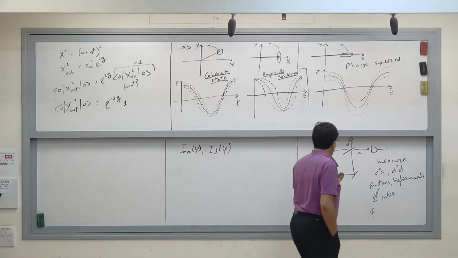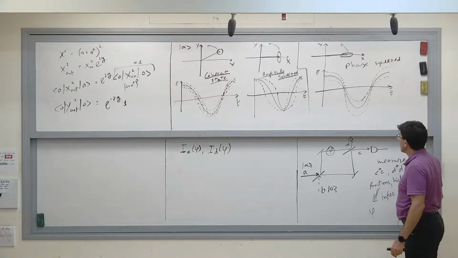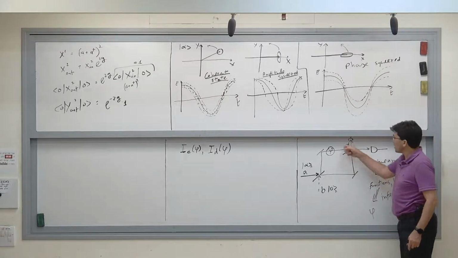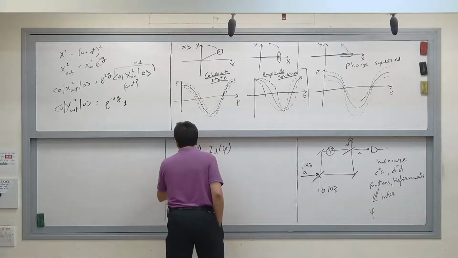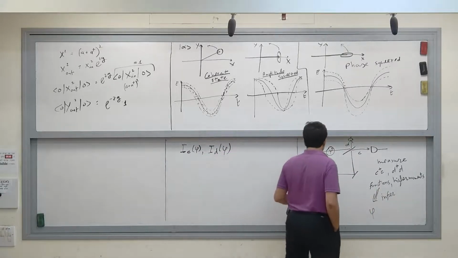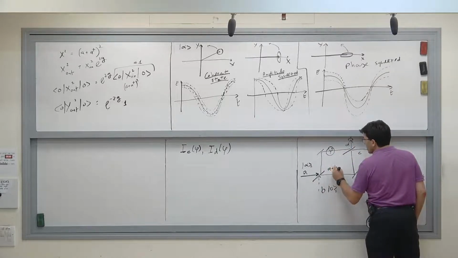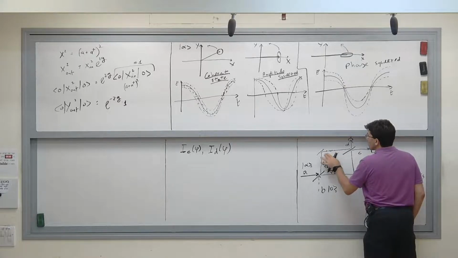And so let us calculate what happens. First, let's make the relation between C and D and A and B. Now we know that if this is A and B, then what I have here is A plus B divided by square root of 2, and here is A minus B divided by square root of 2. Now this one gets a phase of phi, so let's write this phi here.